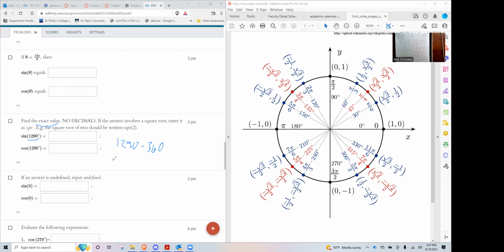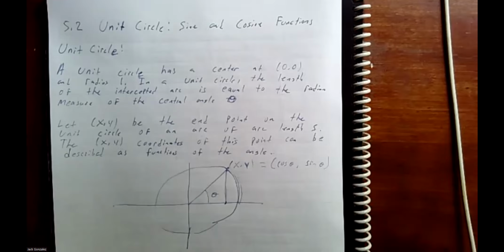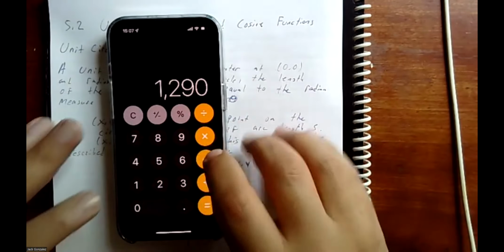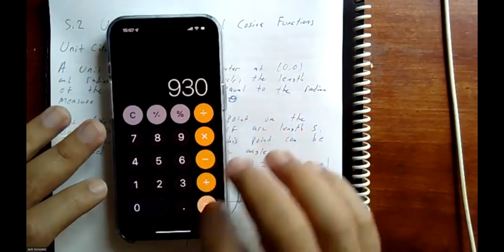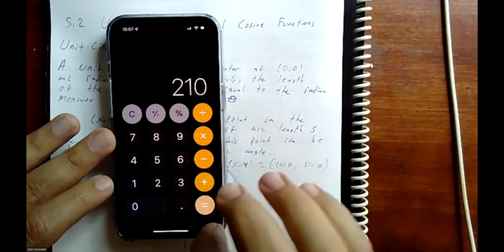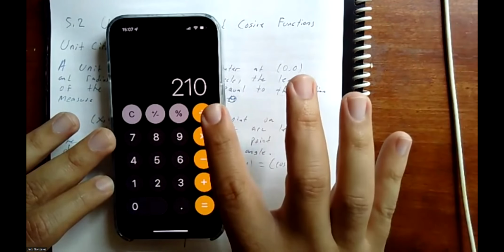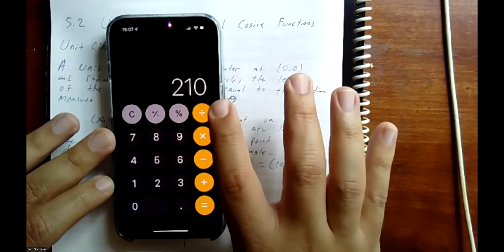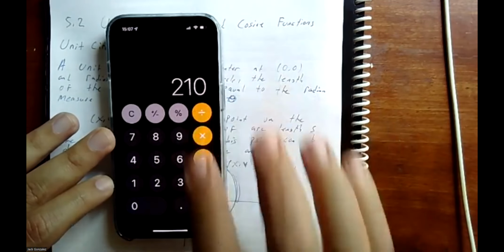1290. If I were to do this on my calculator, my phone, you just do minus 360, minus 360, minus 360. Eventually, I'm below 360, so this is a coterminal angle. So do sine of 210.